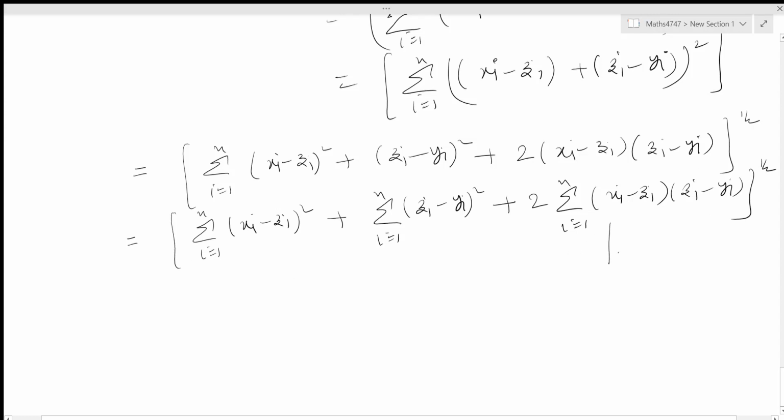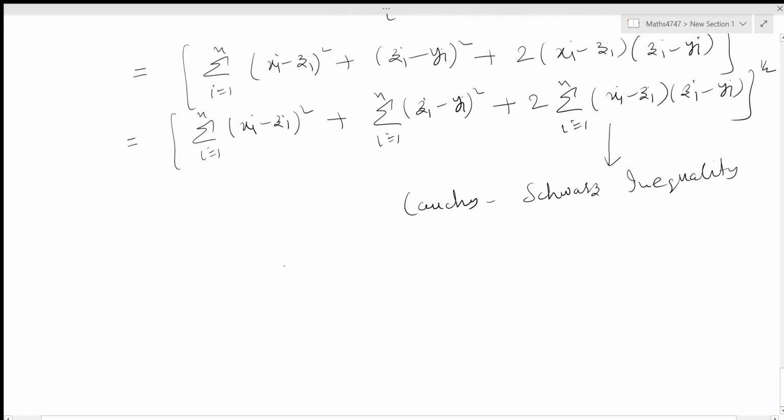Now we have used here the Cauchy-Schwarz inequality in order to simplify this. So what is that Cauchy-Schwarz inequality? This is a standard inequality.